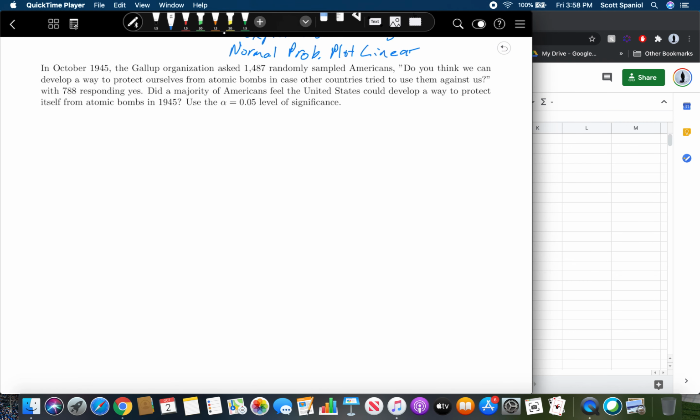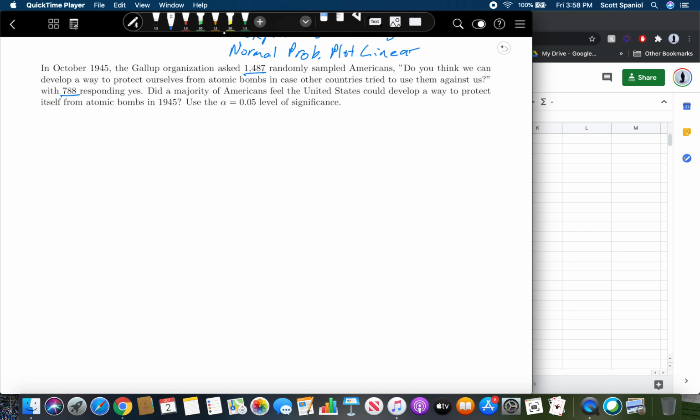In October 1945, the Gallup organization asked 1,487 randomly sampled Americans, "Do you think we can develop a way to protect ourselves from the atomic bombs in case other countries try to use them against us?" with 788 responding yes. So we've got 788 out of 1487.